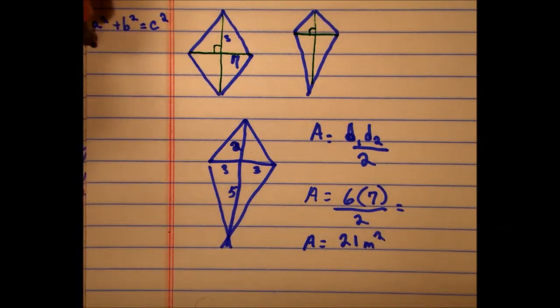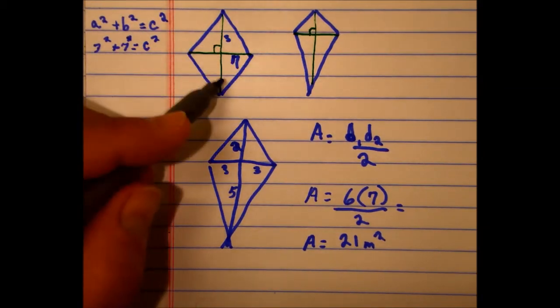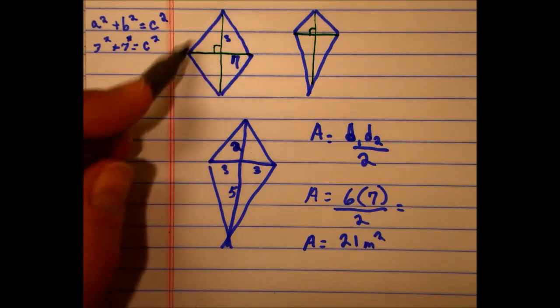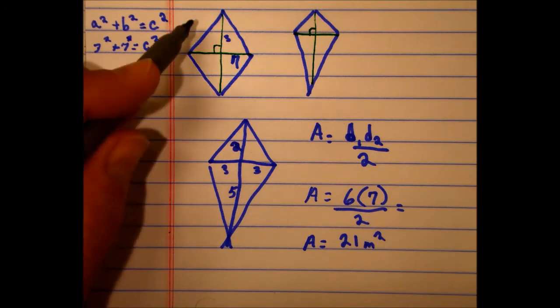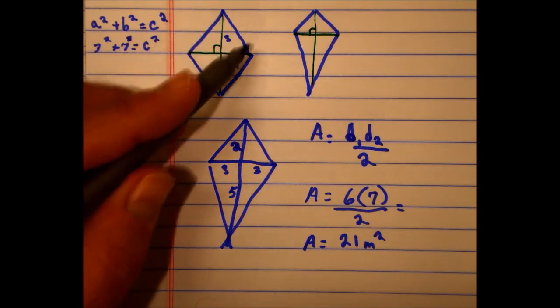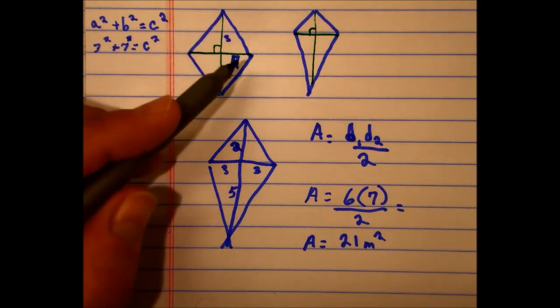Well, now I've got to use 3 squared plus 7 squared equals c squared. Now, do I have to do that for each triangle? In a rhombus, no. Why? Because all those triangles are congruent to each other. So once I find one hypotenuse, I know all of the other hypotenuses are the same because in a rhombus, all the sides are the same.